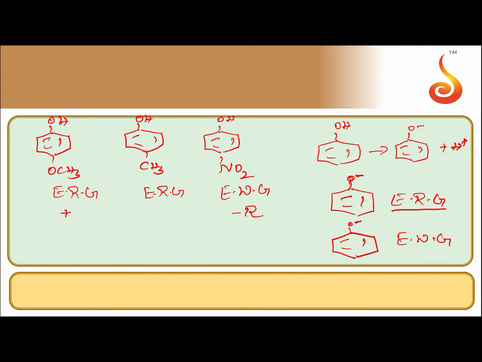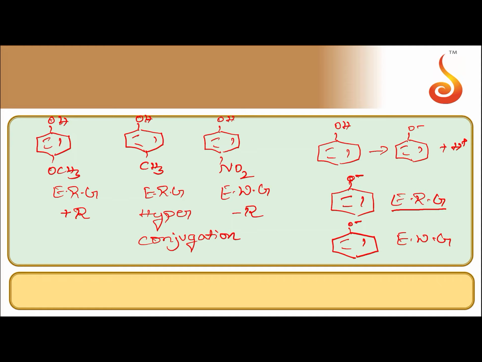OCH3 releases electrons because of the resonance effect, but CH3 releases because of hyperconjugation. But the resonance effect predominates over hyperconjugation. So OCH3 destabilizes the phenoxide ion more compared to CH3.